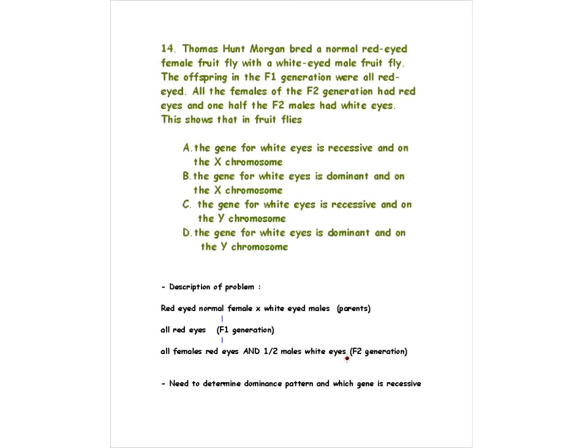Well, what I would do first of all is assume that it's on the X chromosome rather than the Y chromosome. In this course so far, we've only looked at X-linked traits. We've never looked at Y-linked traits. We just looked at ones carried on the mother's chromosome. So let's assume that for the time being, and then see if the information bears that out. So we're going to assume it's an X-linked trait, and we just need to find out whether white eyes is recessive or dominant.